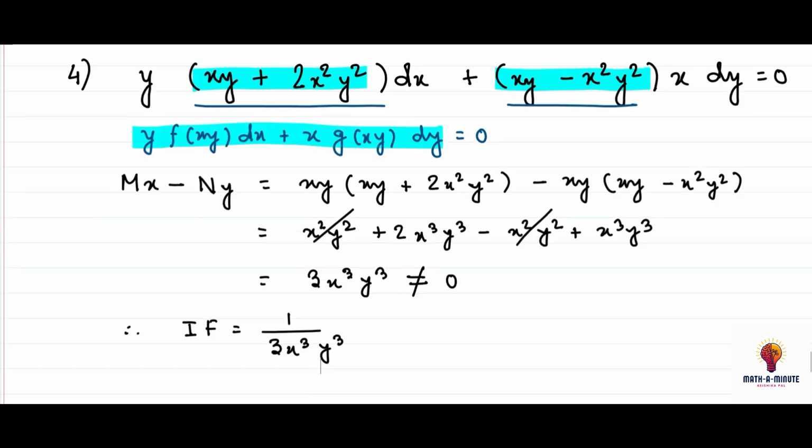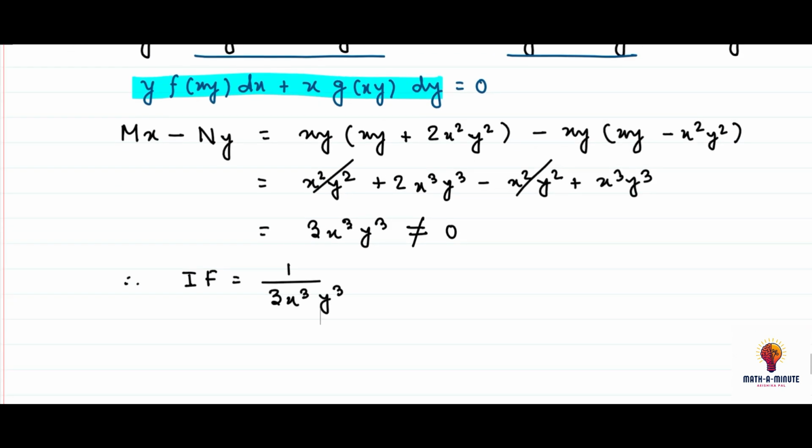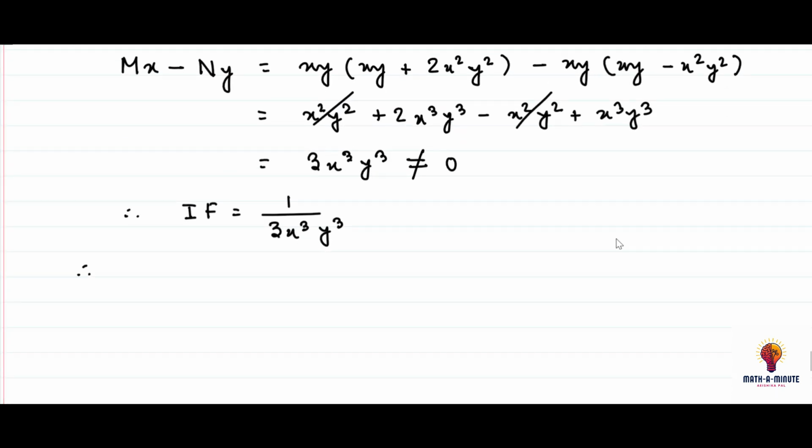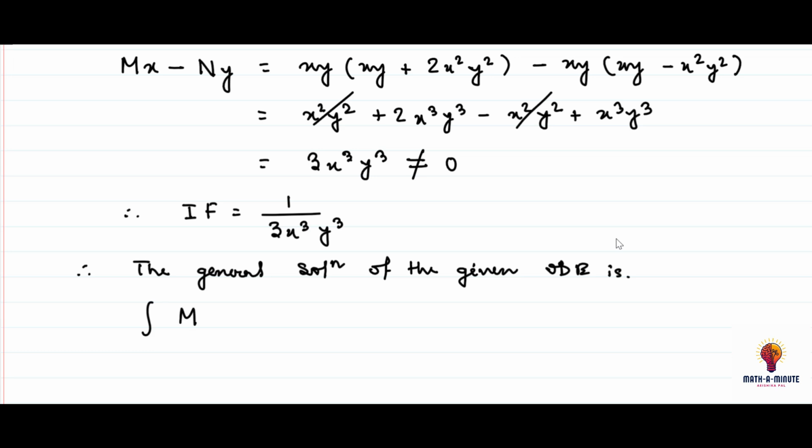I hope this part is clear. Now, how to find the general solution? It will be the same as before. Therefore, the general solution of the given ODE is integration of M into the integrating factor dx plus integration of N into the integrating factor dy equals c, where c is an arbitrary constant.